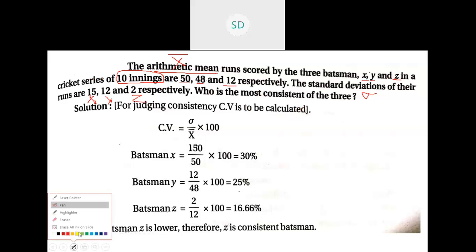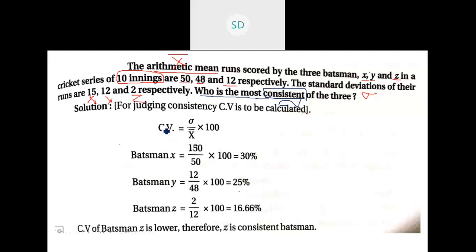Whenever you find the word consistent, you are supposed to calculate CV. Whether it's which factory is the most consistent, or which factory is most variable, for such words you will have to calculate CV.